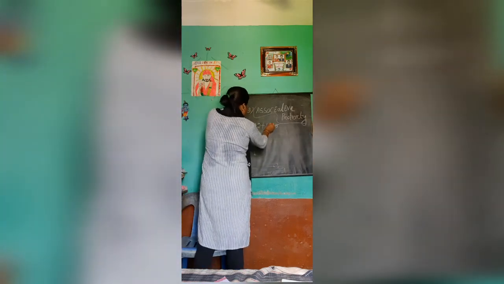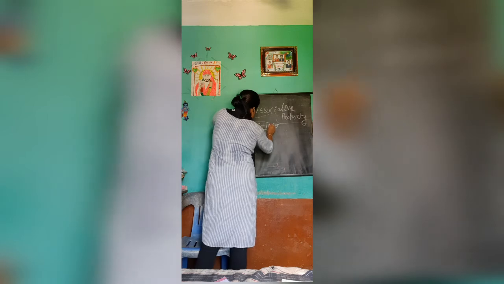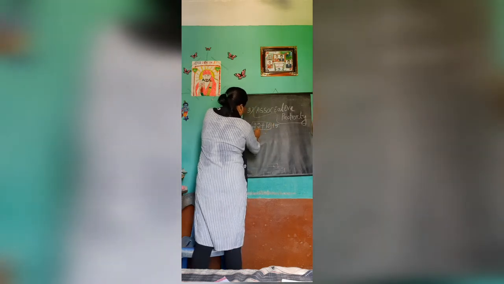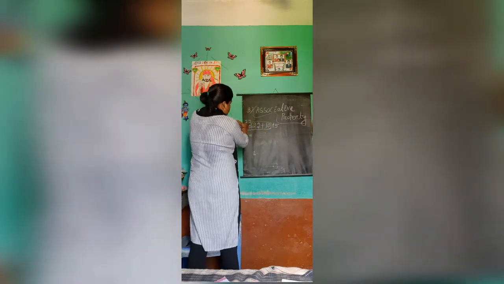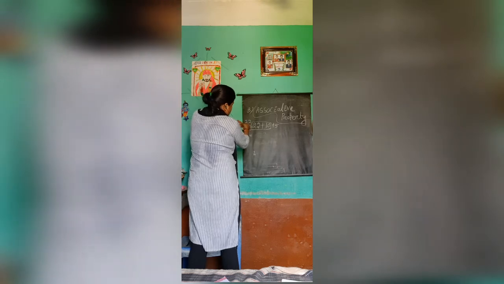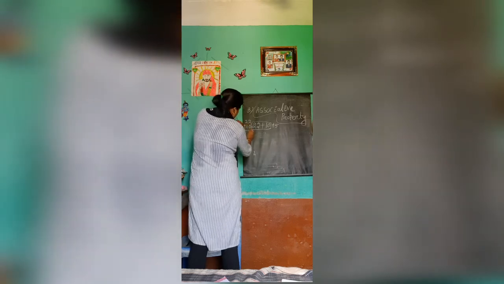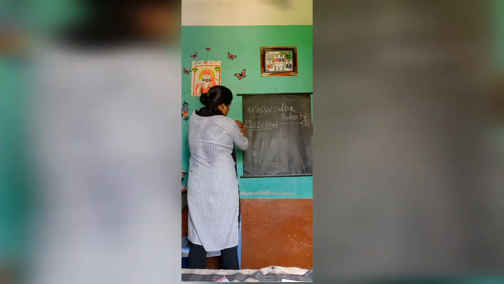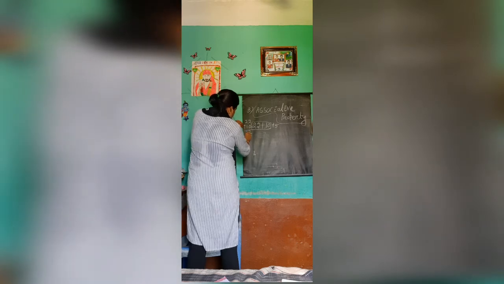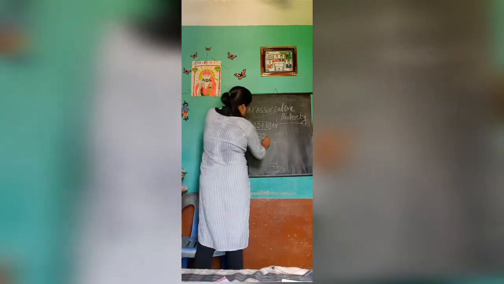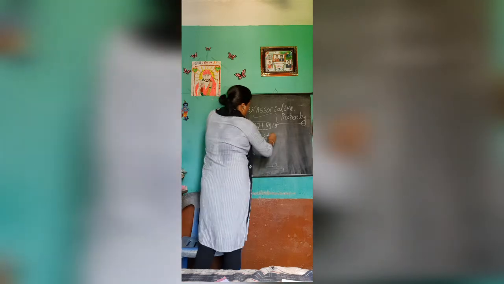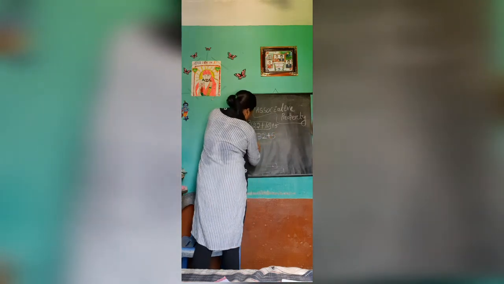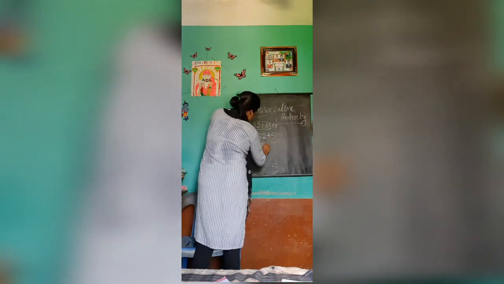First are two numbers, 22 plus 10. Here is your ones place, here is your tens place. So 2 ones addition with 0 ones equal to 2. 2 tens addition with 1 tens equal to 3. So 32 result. Then another number, 32 plus 5 equal to 37.